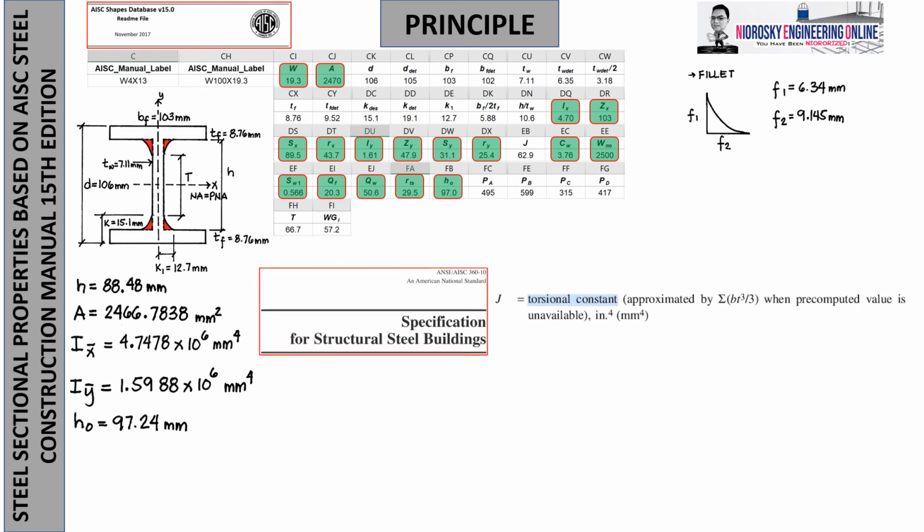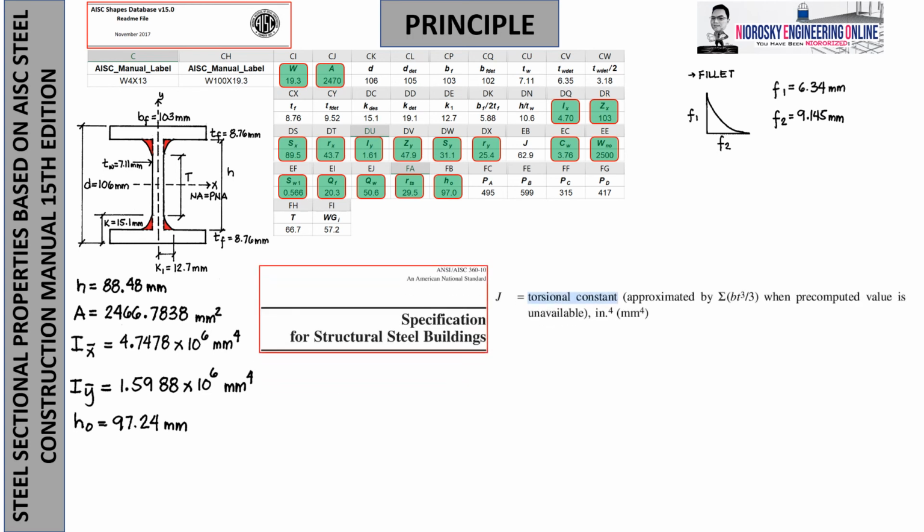According to ANSI AISC 360-10, the value of J, or torsional constant, can be approximated by the sum of BT cubed over 3.